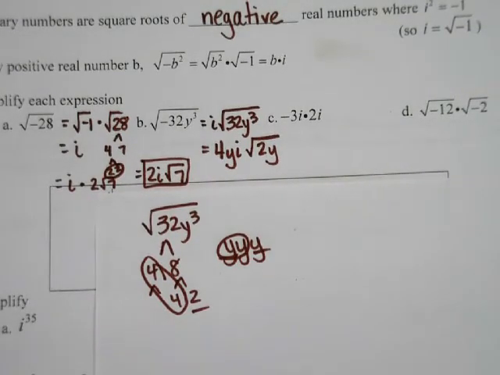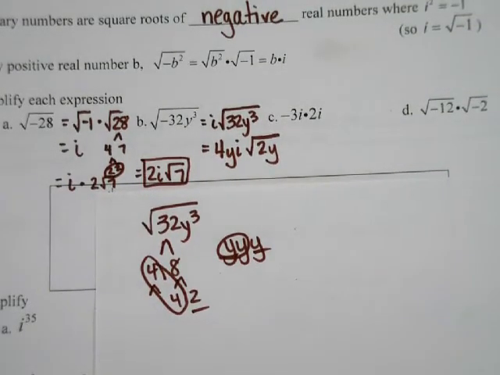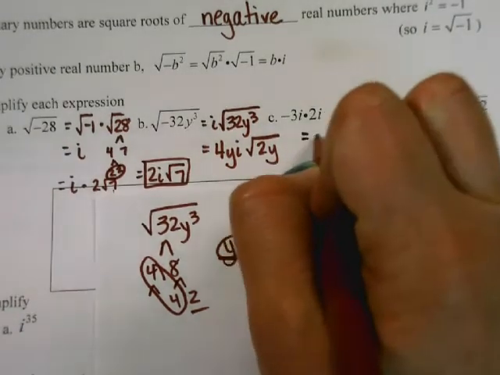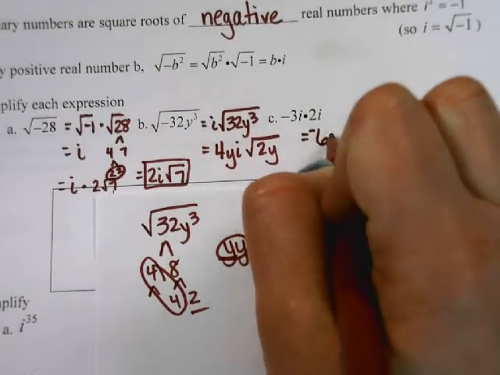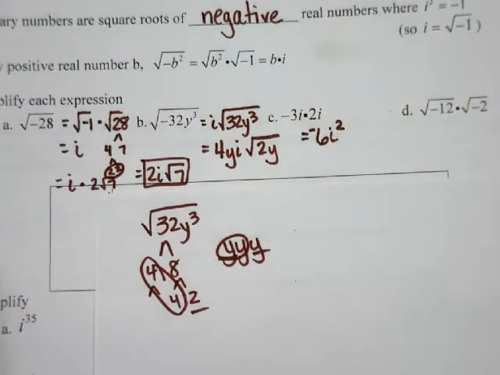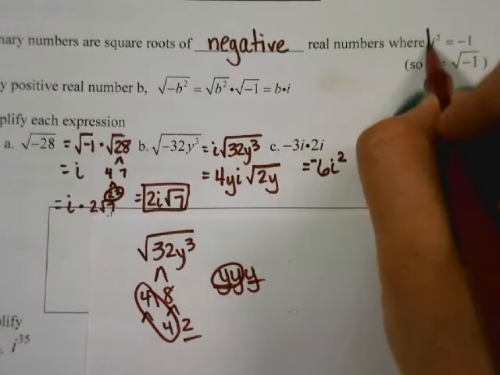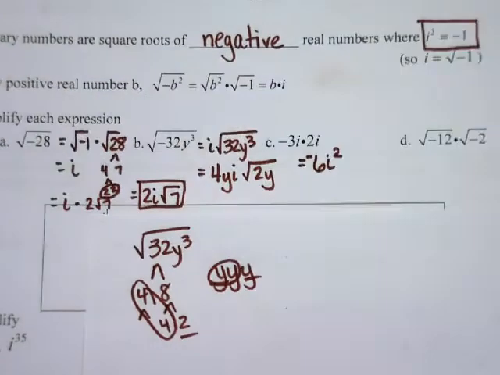Now i's behave like variables. So if you look at letter C there, it says negative 3i times 2i. Well, negative 3 times 2 would be a negative 6. i times i is i squared. So that's negative 6i squared. But we figured out up here that i squared is negative 1.